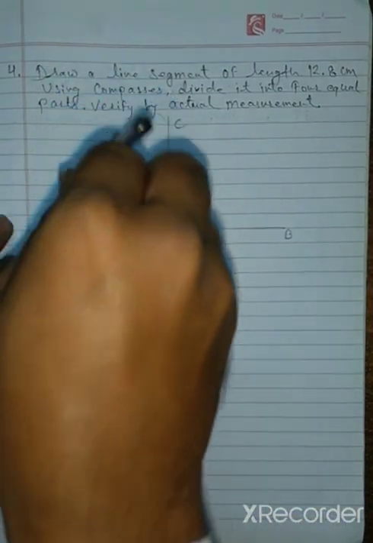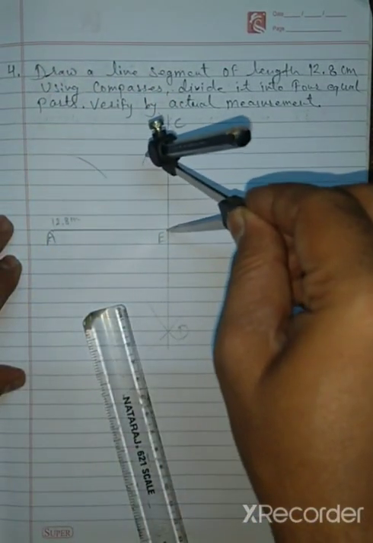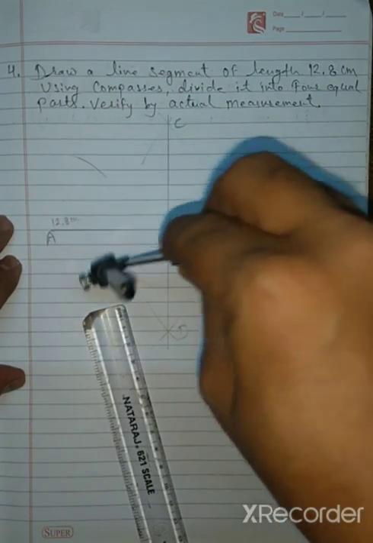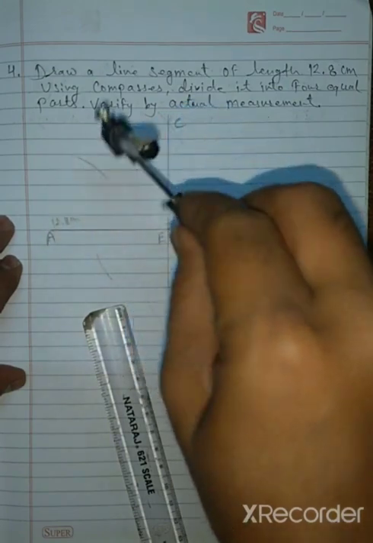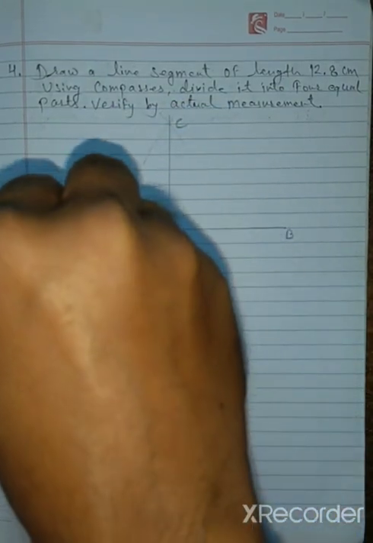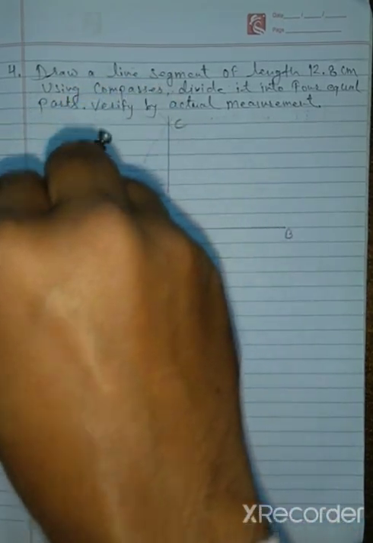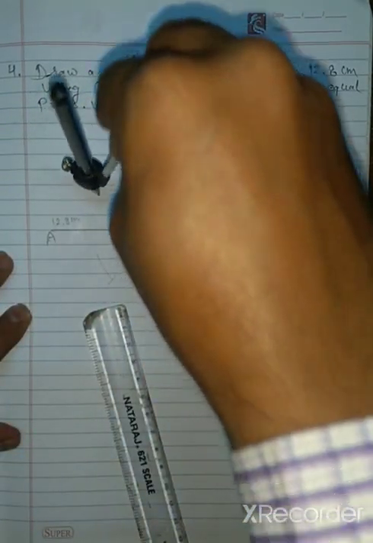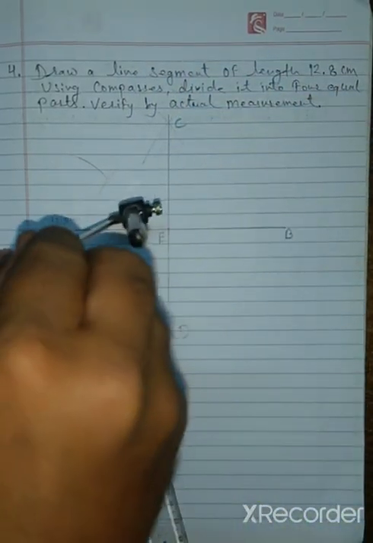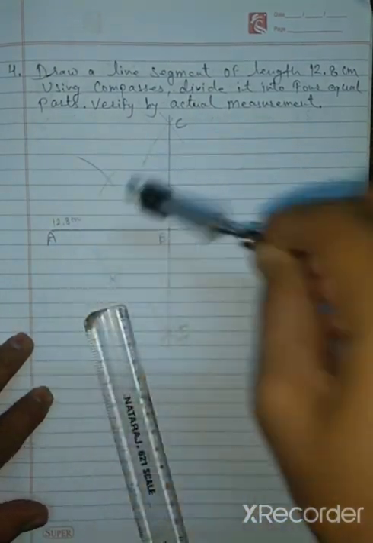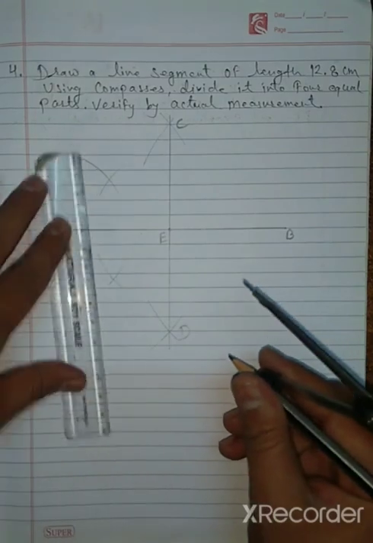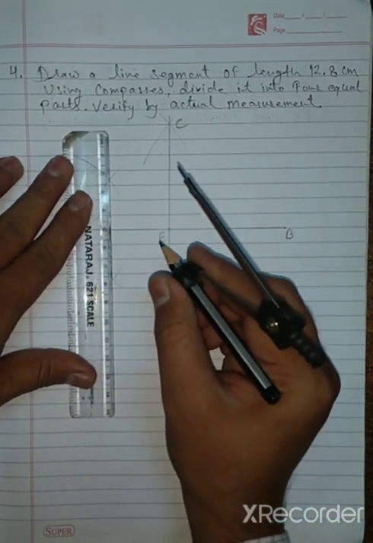Cut an arc here, with center E, one arc here. With A, again cut an arc, and with E, cut. So now you can see the joining points of these arcs.